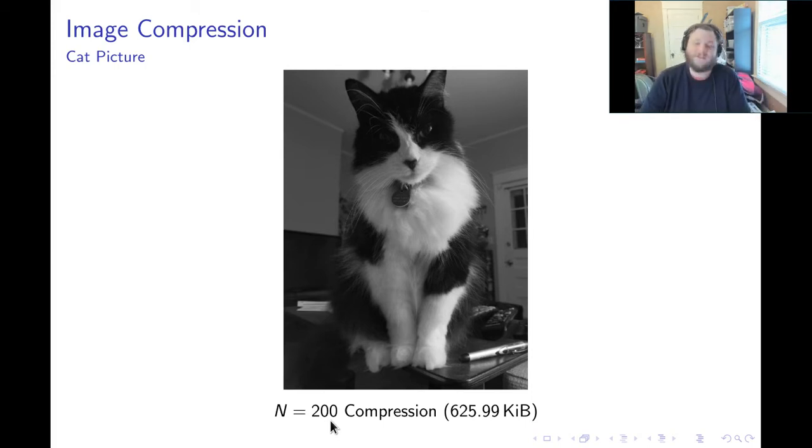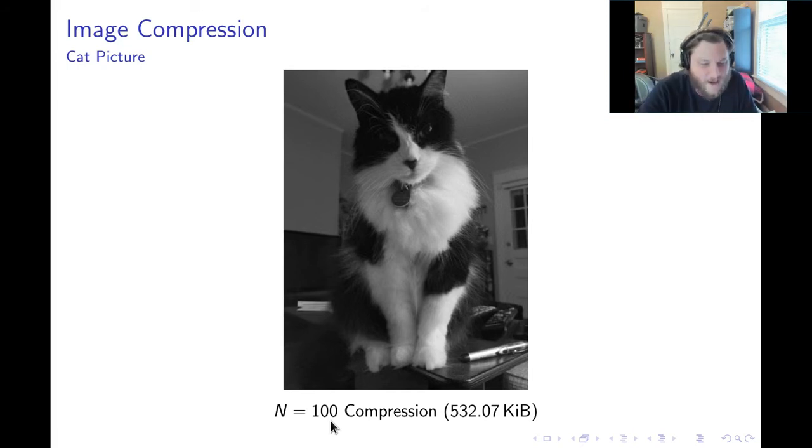So as far as I'm concerned, I don't care that much about the cat anyway, so I might as well send the 200 compression because the image looks the same and I'm saving disk space. Let's go from 200 to 100. Again, I'm not noticing any differences. So it still appears like I'm retaining quality, yet I'm saving even more disk space.